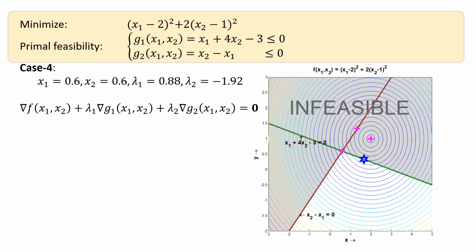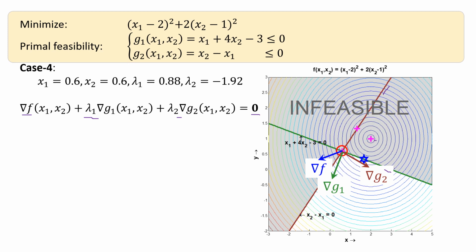So let's look at the stationary condition. Del F plus lambda 1 del G1 plus lambda 2 del G2 must be equal to 0. Now, this is del F. It's pointing away from the global minimum. Del G1 must be orthogonal to the green line, and del G2 must be orthogonal to the brown line.